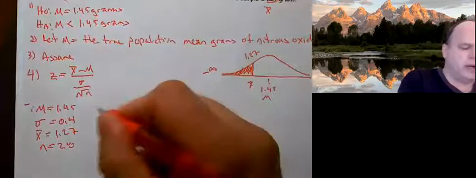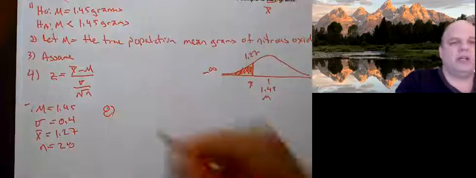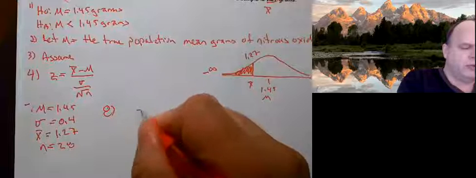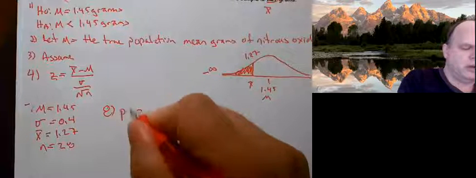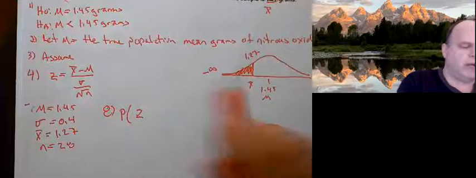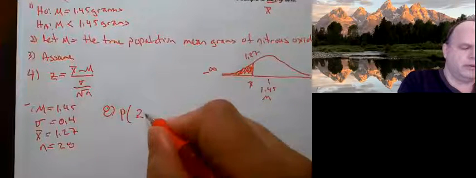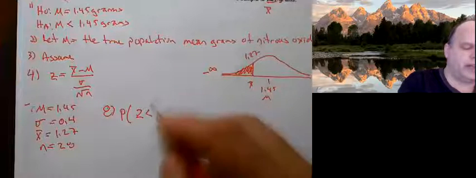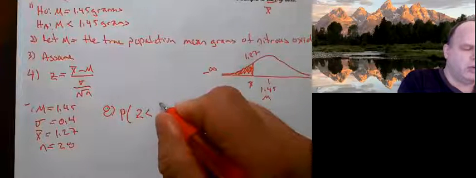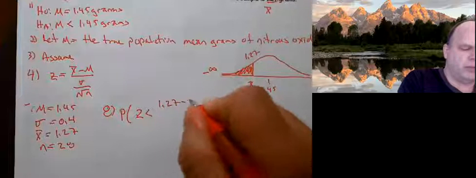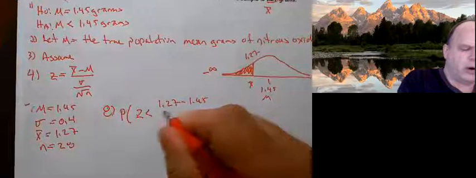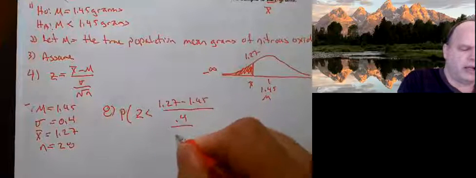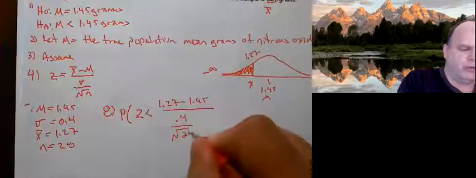So this is going to be number 8. Plugging into our equation, it's the probability that Z, and what did we have? We had a less than, so it's less than 1.27 minus 1.45 over 0.4 divided by the square root of 28.